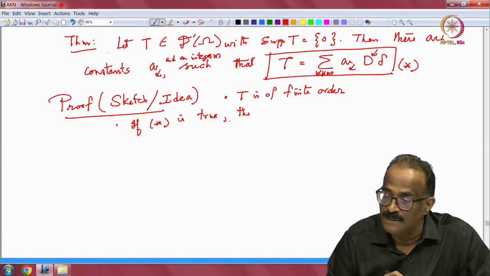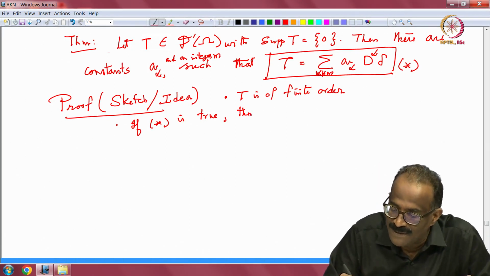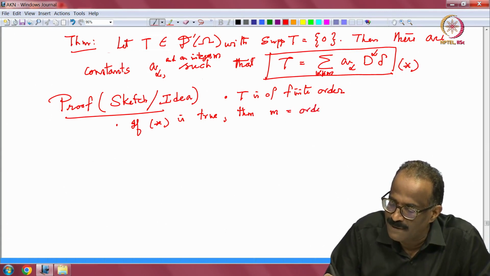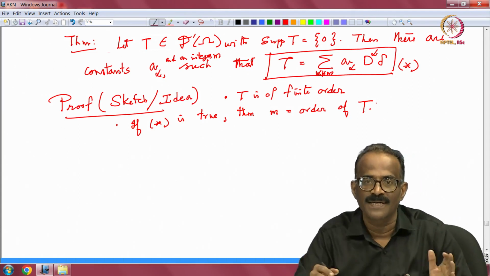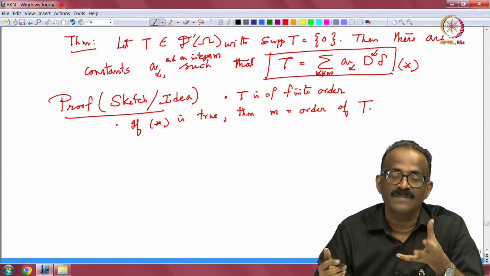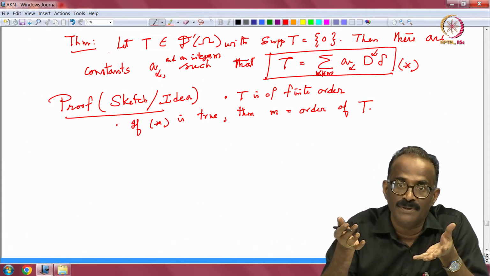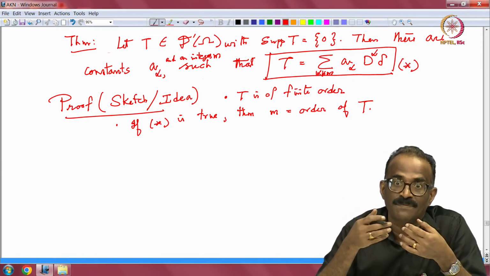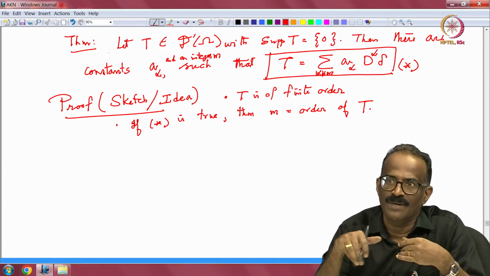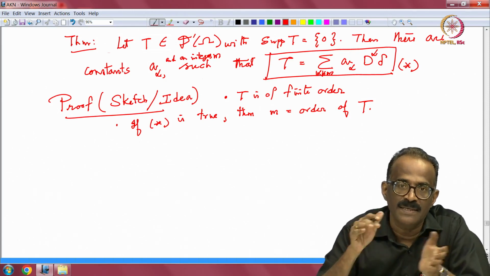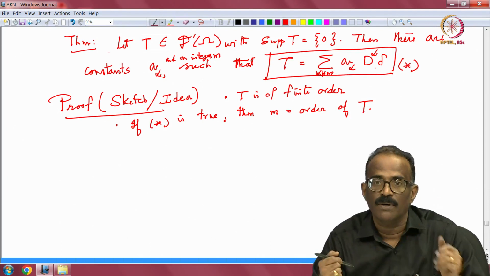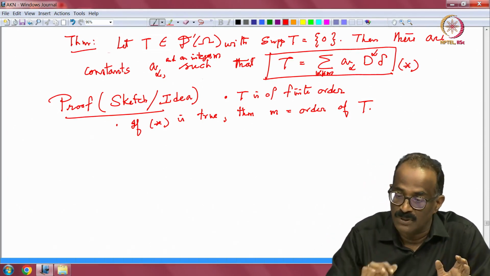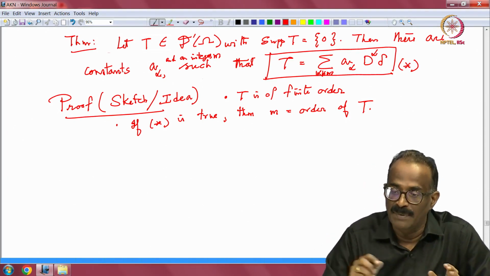And then if star is true, then m has to be the order of T, because if m is bigger, the estimate needs knowledge of a bigger derivative. If the estimate works for smaller m, then smaller is enough. So it cannot be anything different. If at all, we expect the order of T to be m. So these are the two observations we immediately make.